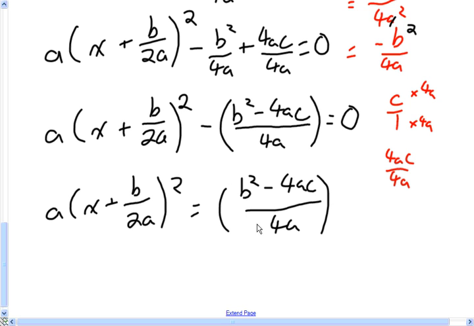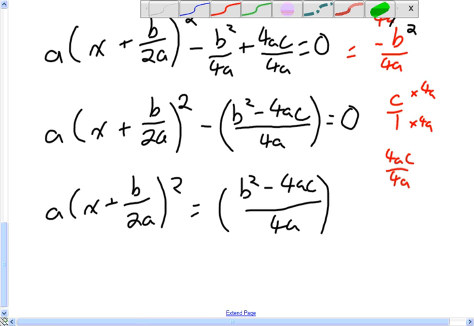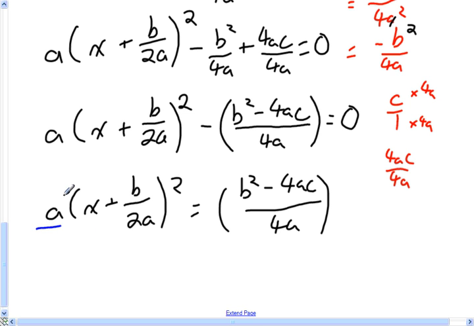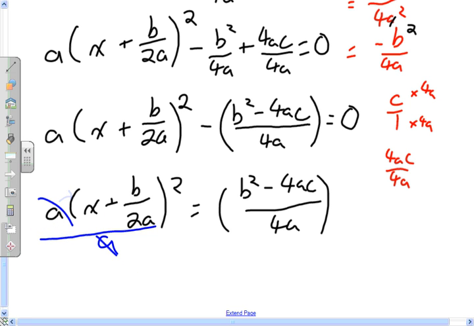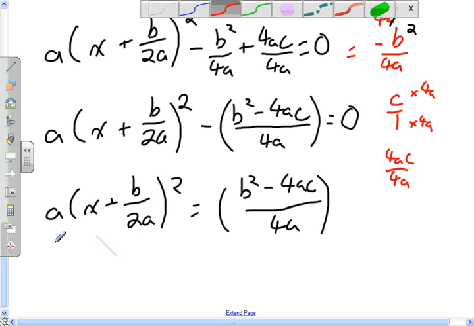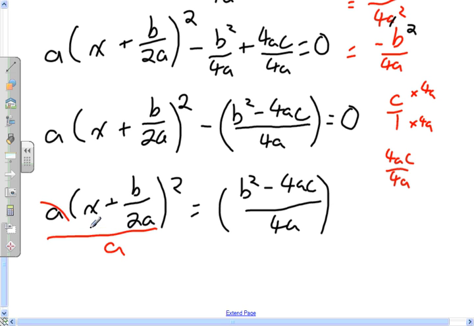So now that I've done this, I'm trying to isolate x. So I'll have an a over here. It says a times this. I'm going to divide this by a, in other words, canceling out the two a's. But when I bring the a to the other side, what's going to happen? So I divide this all by a and these cancel out.